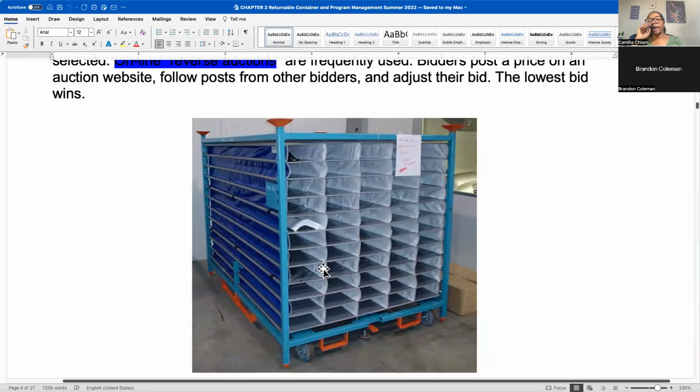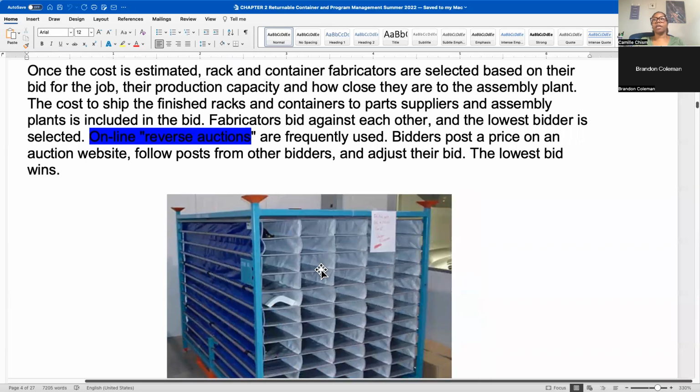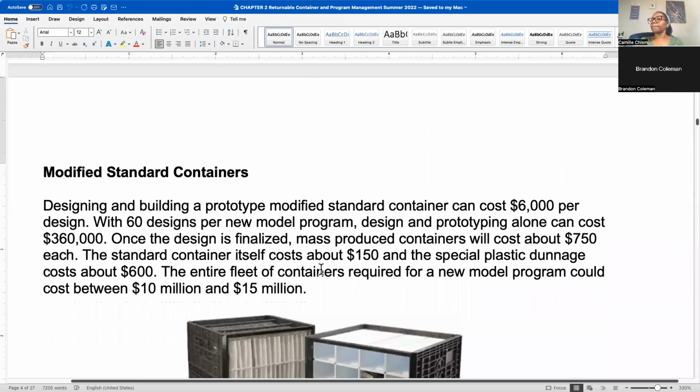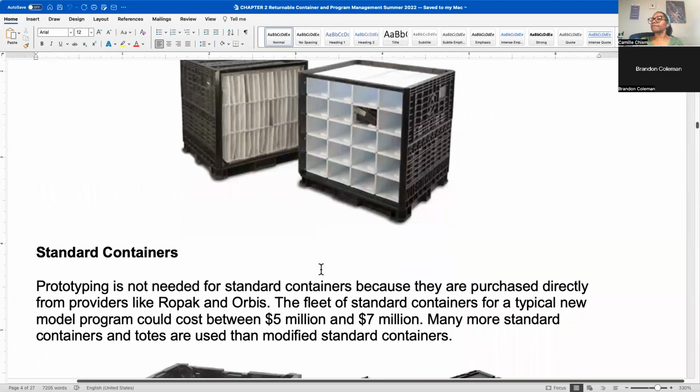But then some of the racks will have dunnage that is made of rubberized plastic that will keep the part from rubbing up against. So you might have metal on metal for some of these parts, or you might have rubber for glass. It's holding the glass, but it also provides some protection from vibration. It keeps the glass from breaking. Okay.